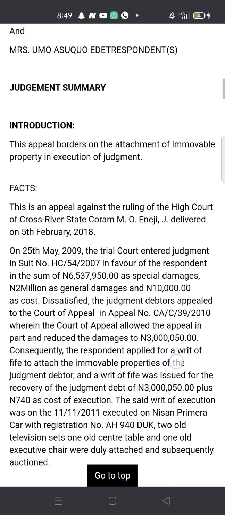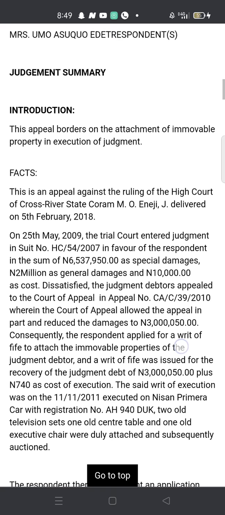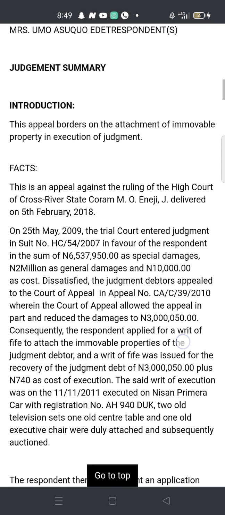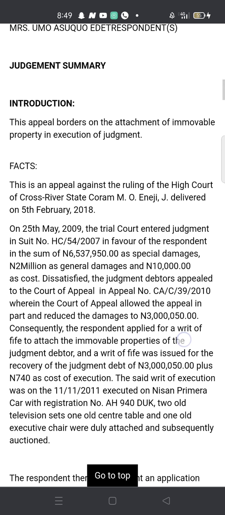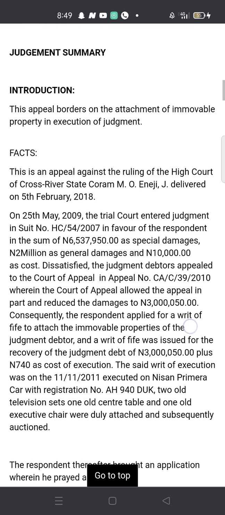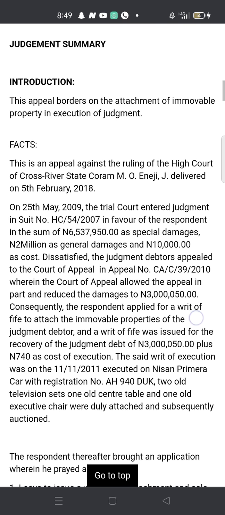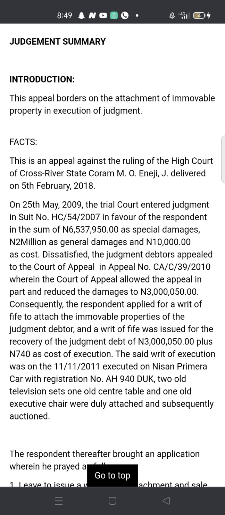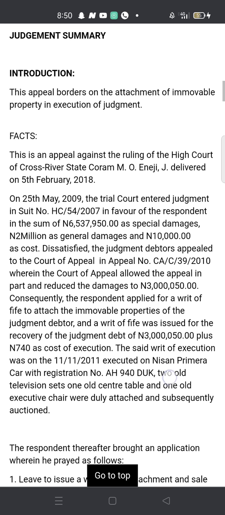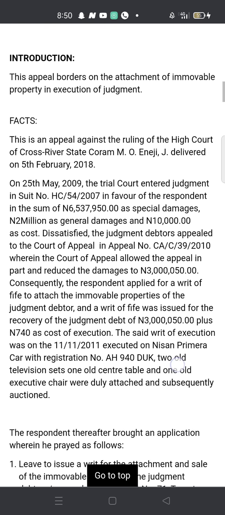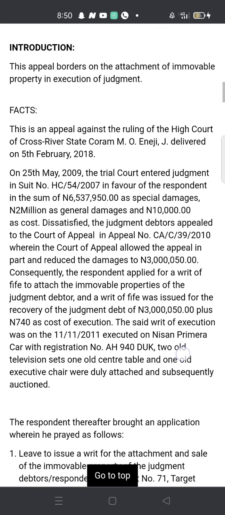On the 25th May 2009, the trial court entered judgment in suit number HC 54/2007 in favor of the respondent in the sum of 6,537,550 naira as special damages, 2 million as general damages, and 10,000 as costs.